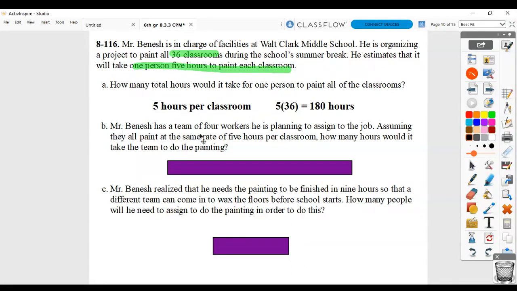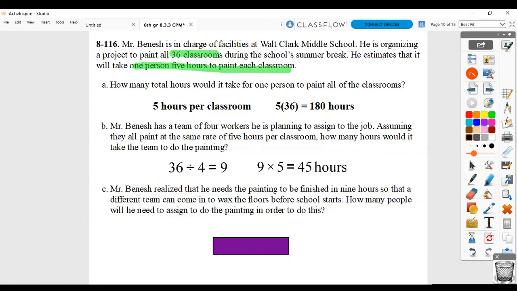Then, Mr. Banesh has a team of 4 workers that he's planning to assign to the job. Assuming they all paint at the same rate of 5 hours per classroom, how many hours would it take the team? So there's a couple different ways you could do that. You could take your 180 hours and divide by the fact that you have 4 workers now instead of just one.